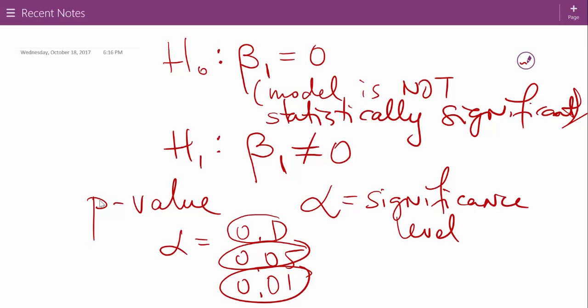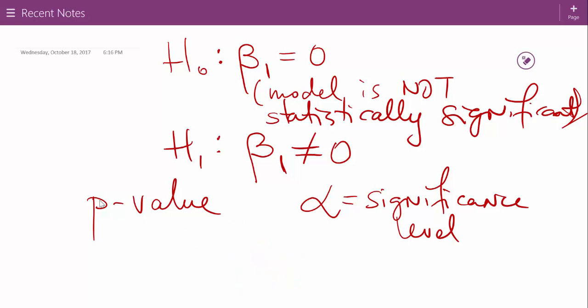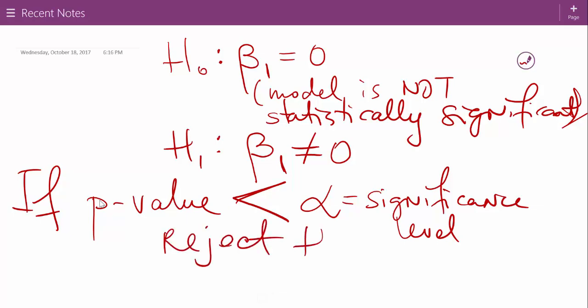Okay, so how do we test the hypothesis? Let's say I get the p-value. If p-value is less than alpha, what do I do? There are 2 options, right? I can either keep the null or reject the null. So if p-value is less than alpha, what do I do? Reject, right? I reject the null hypothesis. Always reject null hypothesis.